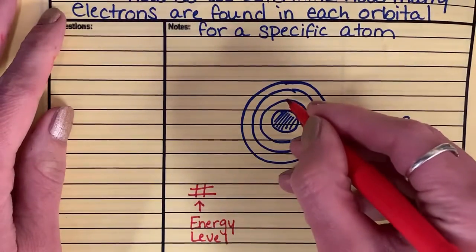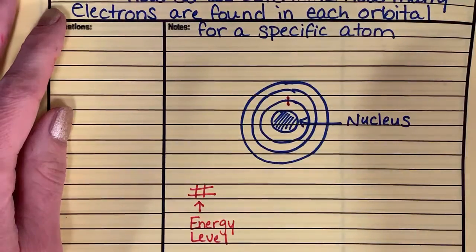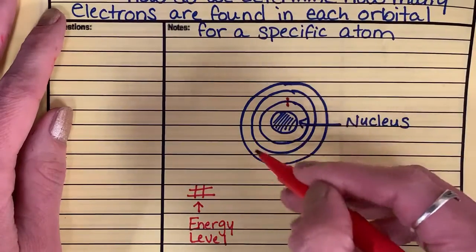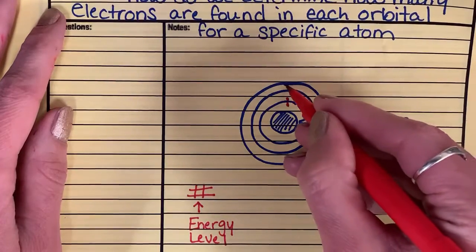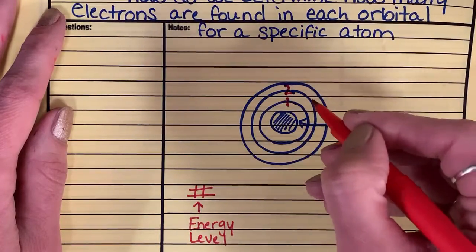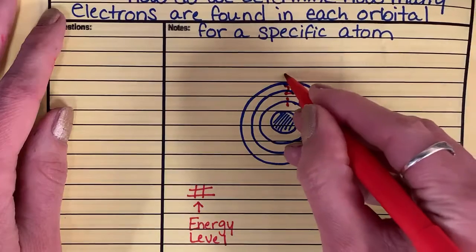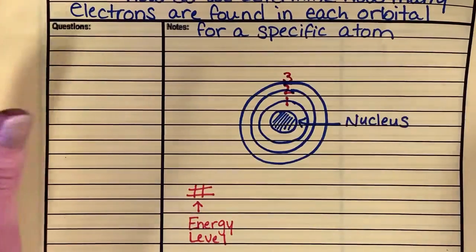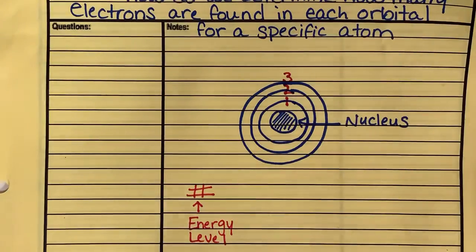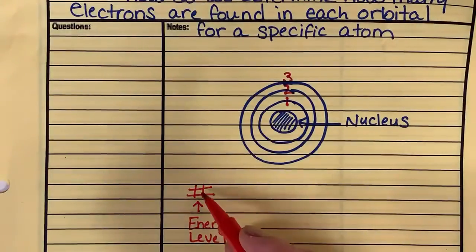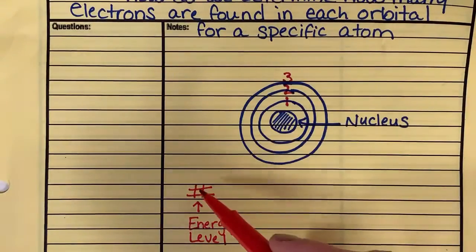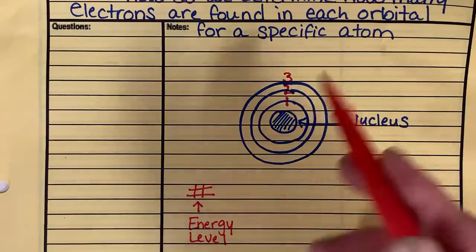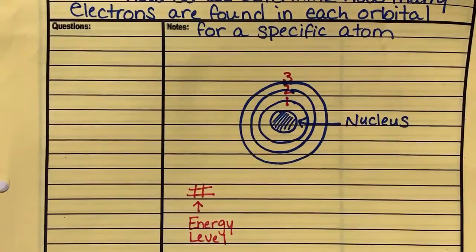This would be level 1. The next one is a little further out. It requires a little bit more energy, so it'd be energy level 2. Then we would go into energy level 3. The next ones would be 4, 5, 6. So the number in front is telling me how far away from the nucleus I am. The bigger the number, the further away from the nucleus I am.